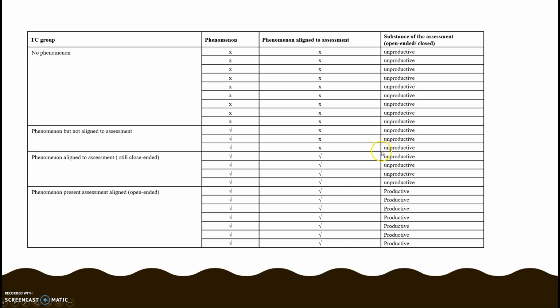In the case of assessments, there were various things that were happening. So we were hoping that they would design phenomena-based assessments, and they did receive explicit learning opportunities within the methods course on how to design these phenomena-based assessments.